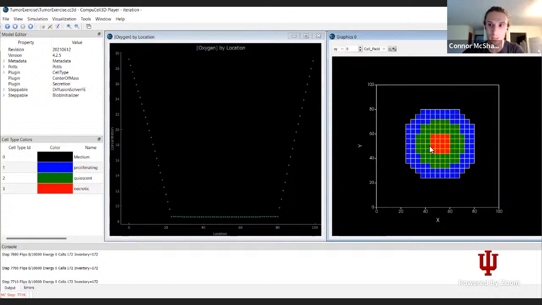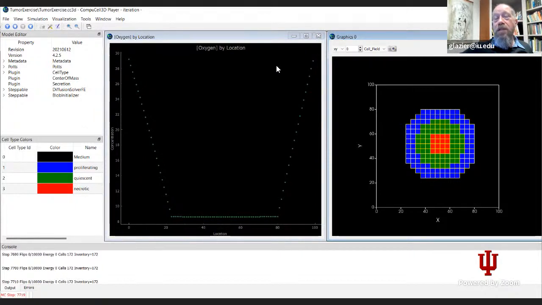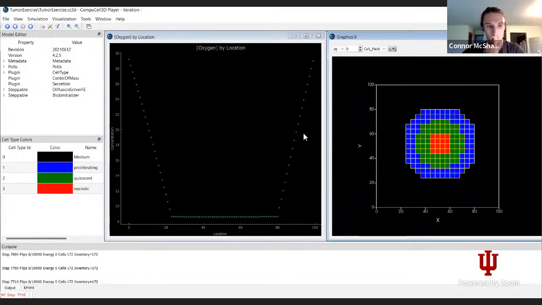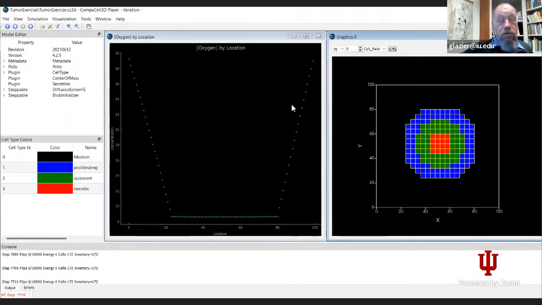Because in this case, all the cells are set to have the same rate right now. So what you would like to do here would be to set the decay constant to be 0 in the medium, global decay constant to 0, and have only a decay constant inside of your 3 cell types. Okay, so I must have accidentally left one of those.